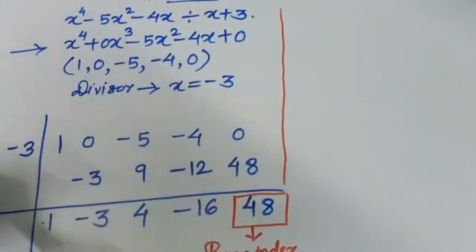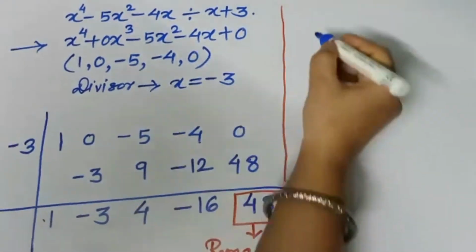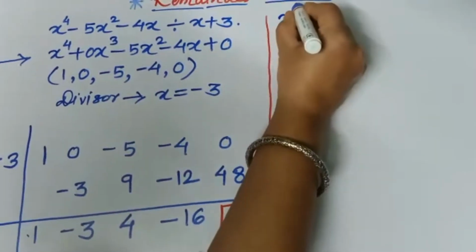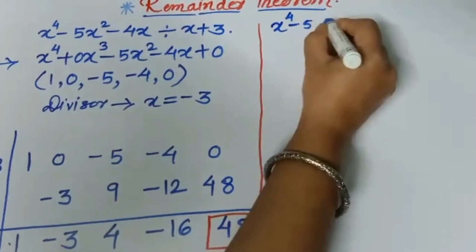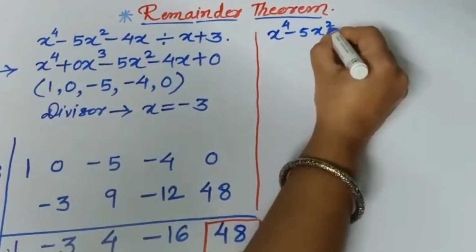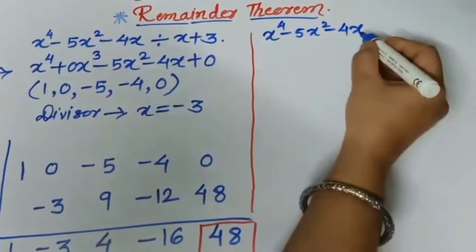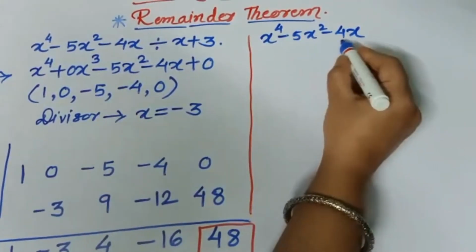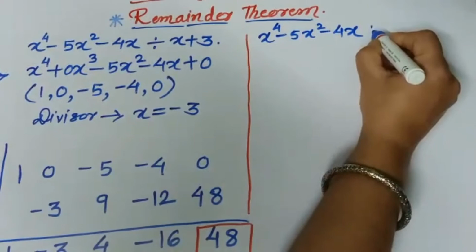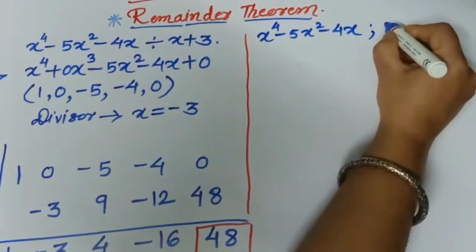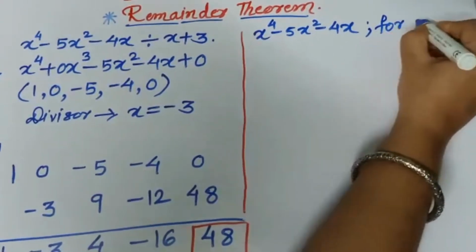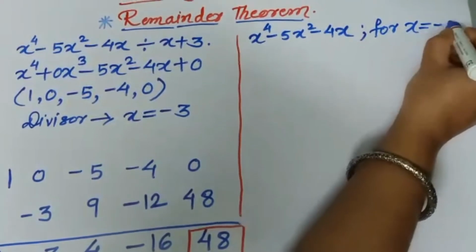Okay, we have to verify. So what we will do here, x raised to 4 minus 5x square minus 4x, it is the polynomial, and what we have to do here, we have to find the value of this polynomial for x is equal to minus 3.